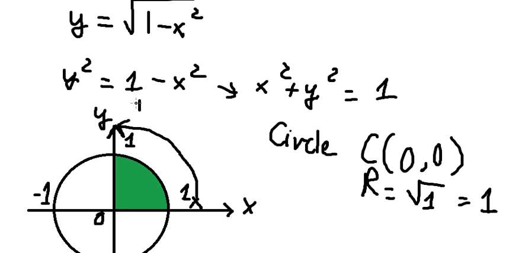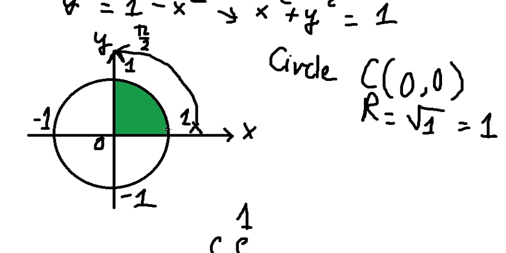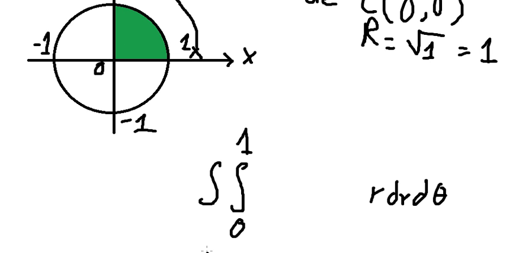This is pi over 2. And we know that this is a trigonometric circle. So they start from 0 to pi over 2 in here. So the integration should go from 0 to pi over 2.